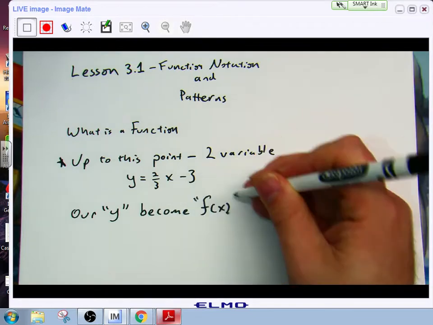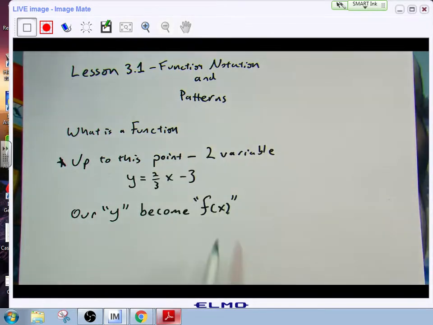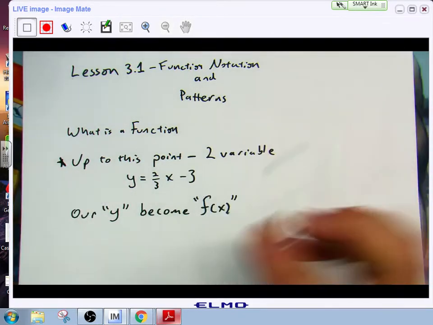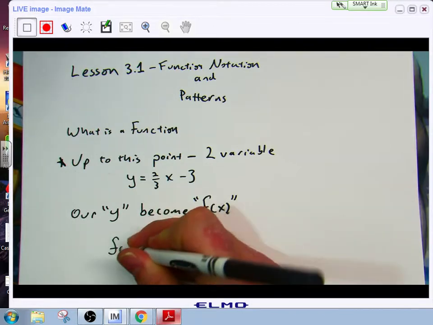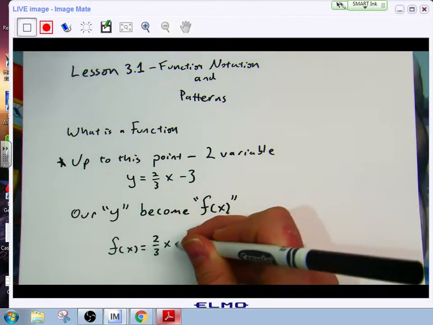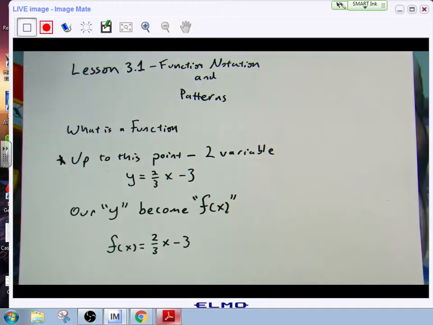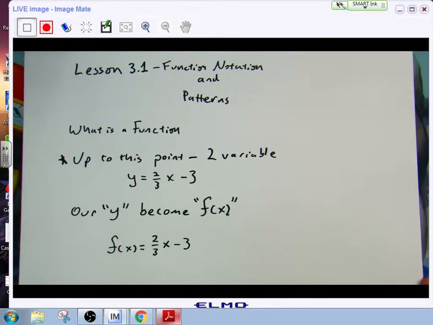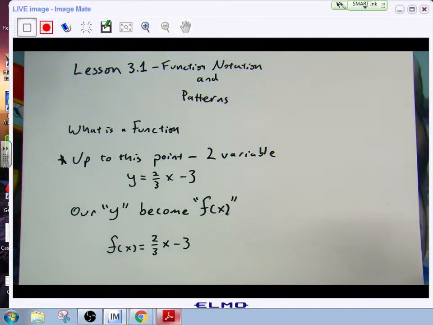So I would redisplay this equation as f of x equals 2/3 x minus 3. This is the exact same information and it behaves the exact same way. The only difference is that we're representing this information as a function.